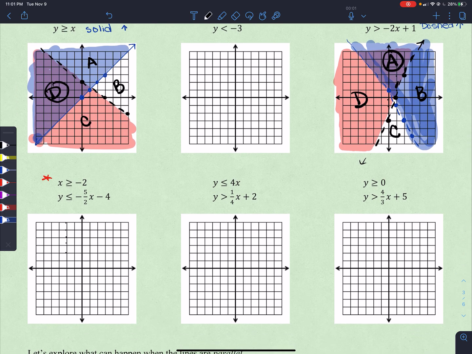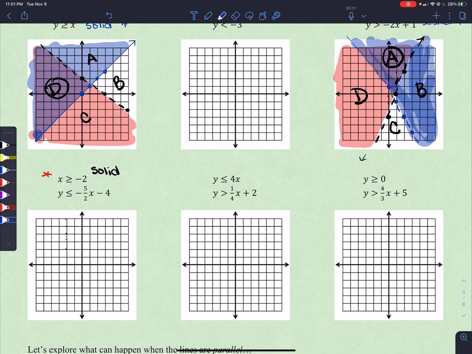So here I have x is greater than or equal to negative 2. That is going to be a solid line, and it is one of our special cases, and we talked about this in the introduction. When it's x is greater than or equal to negative 2, and there's no y value, this special case is going to create a vertical graph.